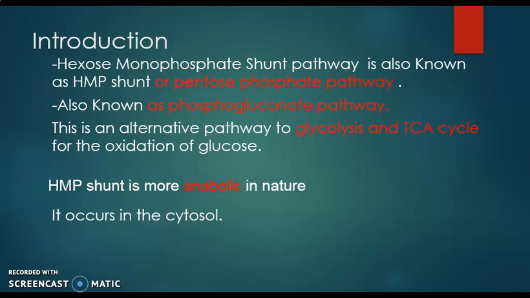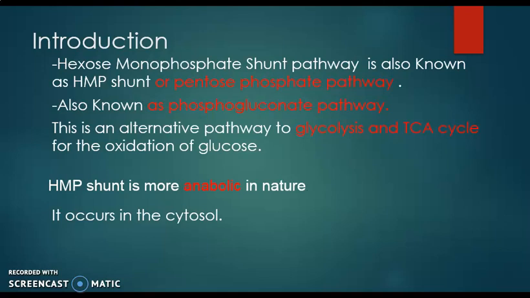It is also known as the phosphogluconate pathway, and this is an alternative pathway to glycolysis and TCA cycle for the oxidation of glucose. So it is nothing but an alternative pathway for the oxidation of glucose.